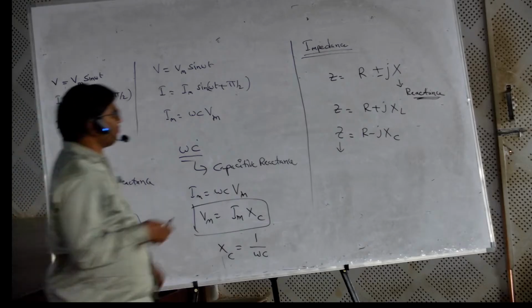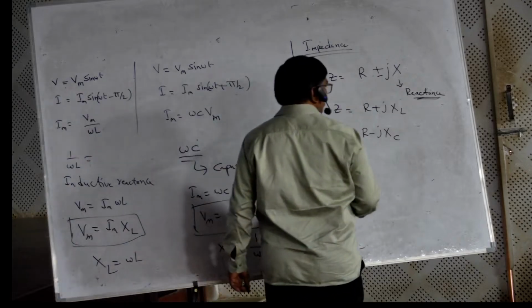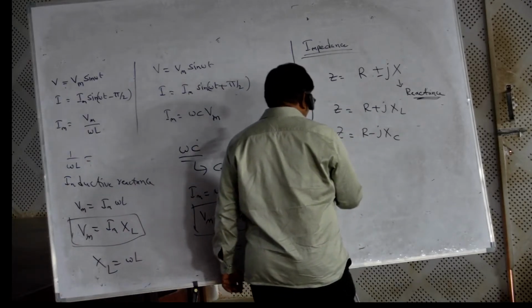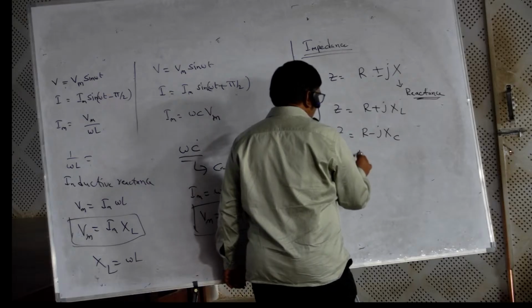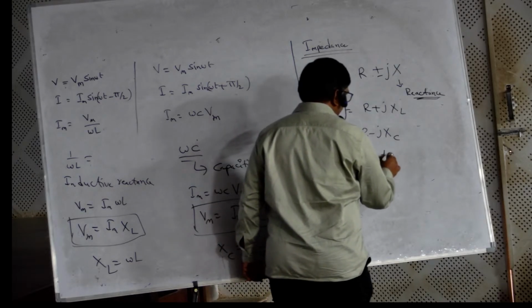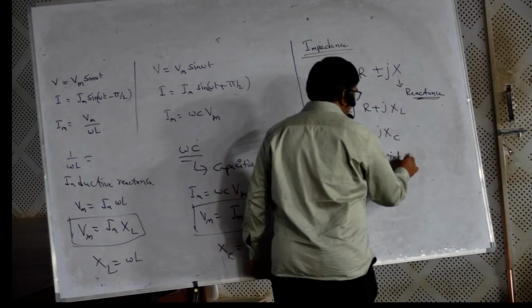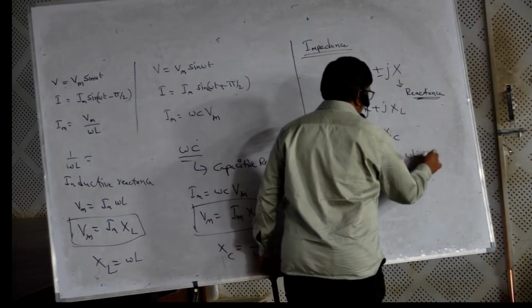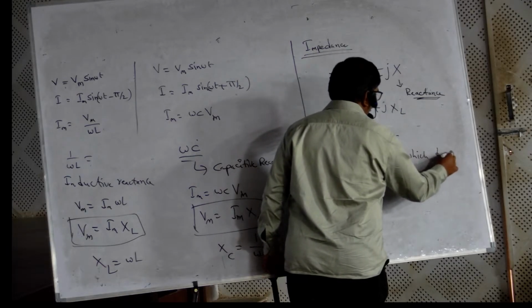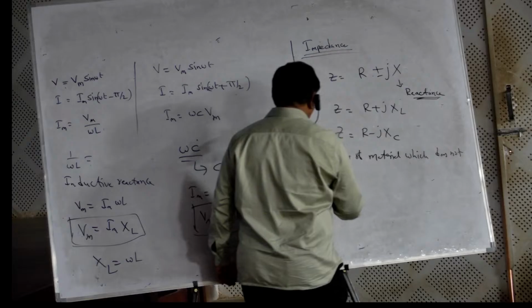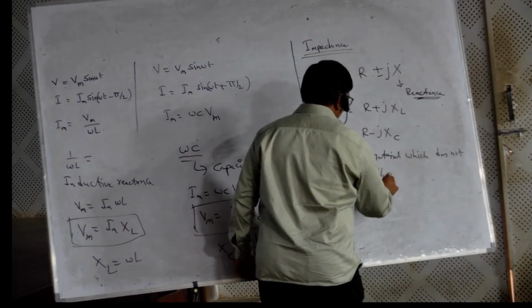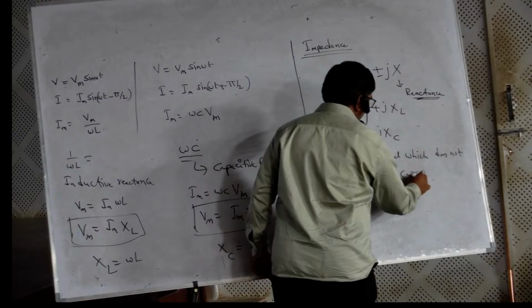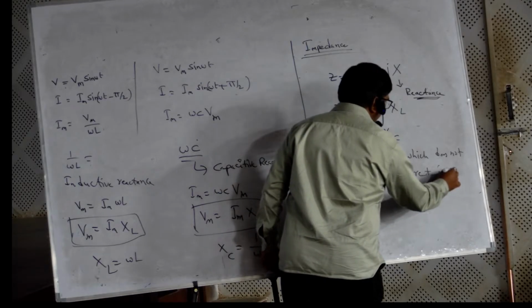In the same way, impedance is a property of the material which does not allow current to flow in the circuit.